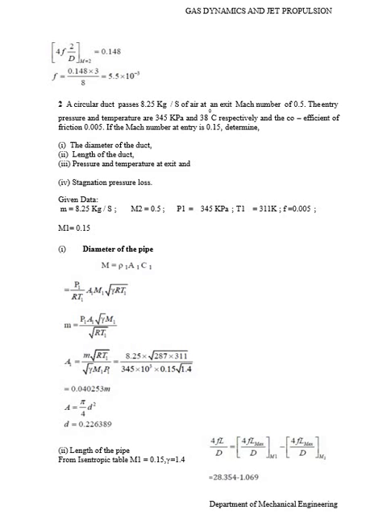Then the diameter of the pipe: first, find out the diameter of the pipe. We know that m dot equal to rho A C, then rho 1 A1 C1, then m dot equal to P1 divided by R T1 into A1 into M1 root of gamma R T1. Then m dot equal to P1 A1 M1 root of gamma divided by root of R T1.